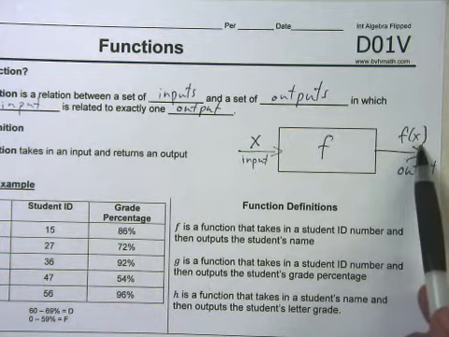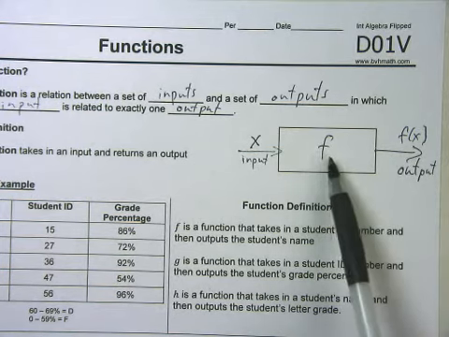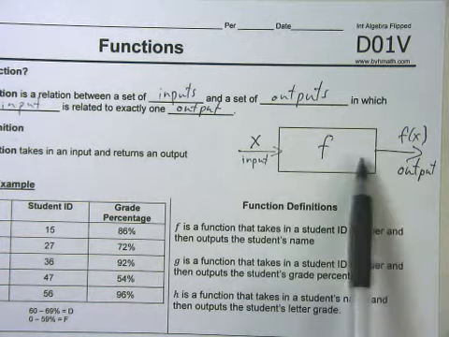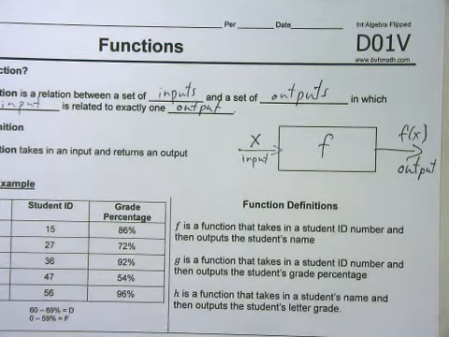This is not f times x, it's not f parentheses x, it's f of x. Again, a function takes in something, an input, and then returns an output.